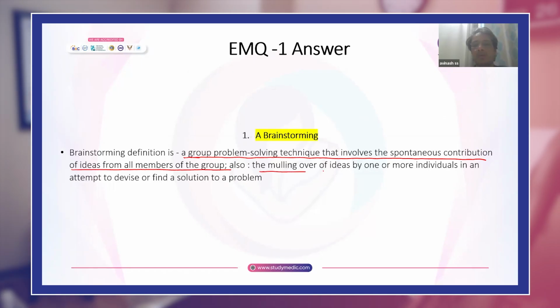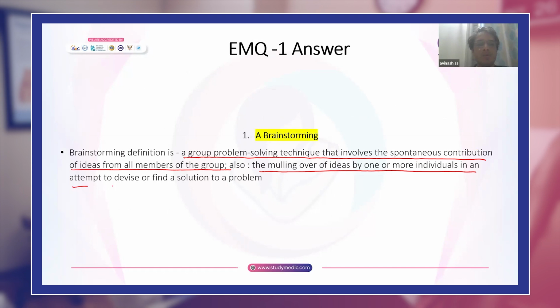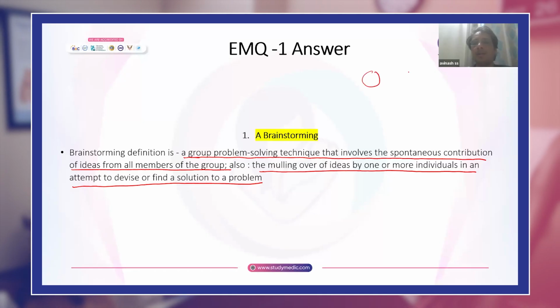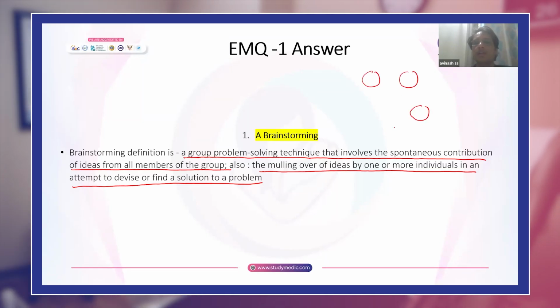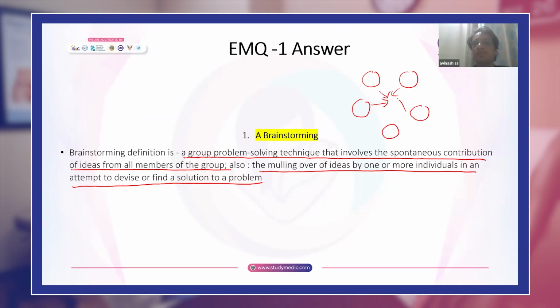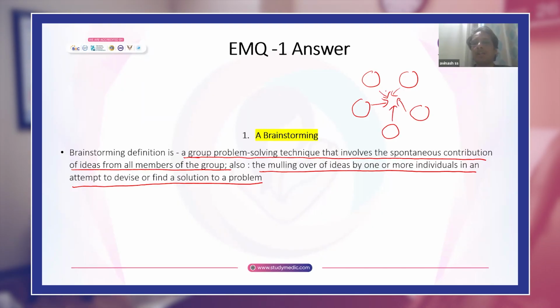So you can mull over an idea of one or more individuals in an attempt to devise or find a solution to a problem, right? So if there are multiple individuals sitting in a meeting room, we all invite ideas first. Okay, so we all give our ideas. All these ideas will be noted down, and then all these ideas will be discussed one by one.